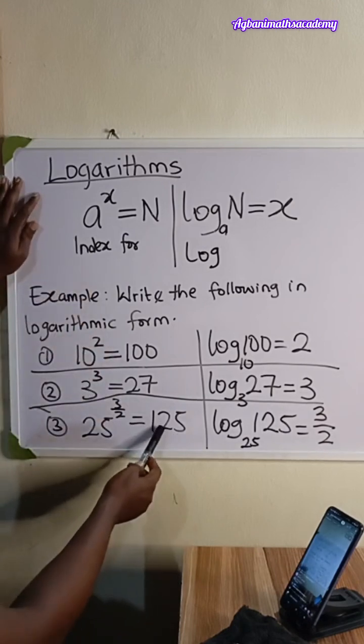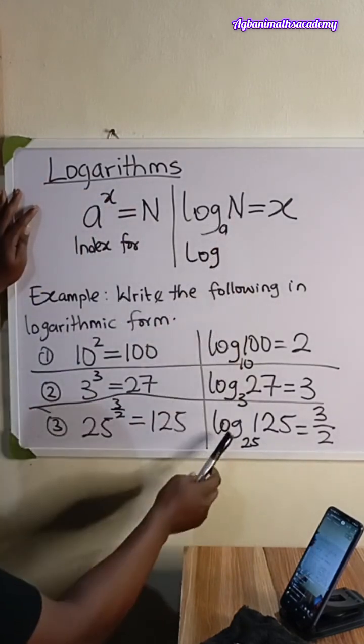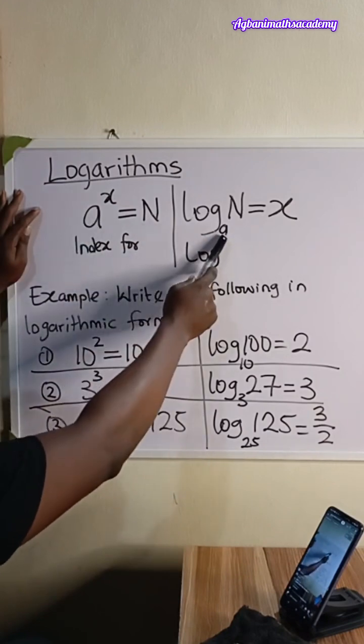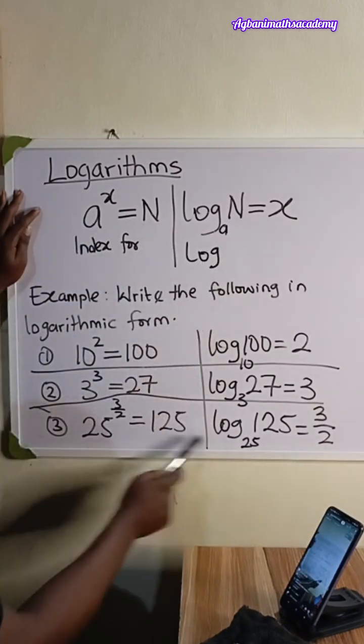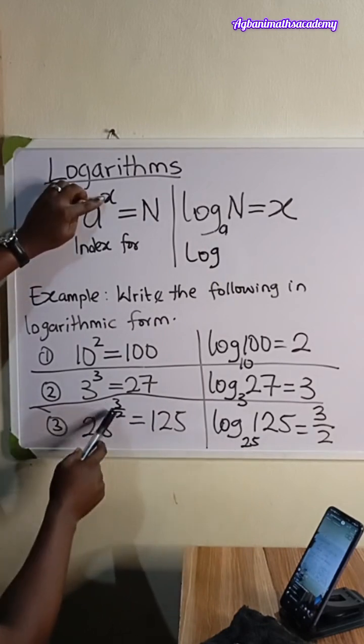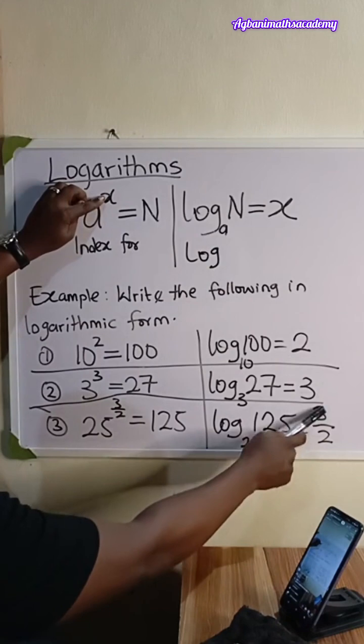If you look over here, our n is 125. So here, this is where our n is, so log 125. A, which is our base, now is over here. So we have 25, this is base 25. Our x, which is 3 over 2, becomes the answer over here, which is 3 over 2.